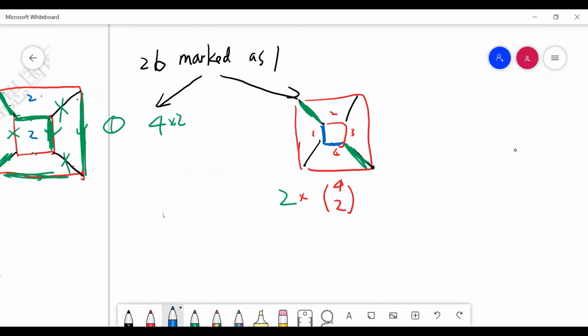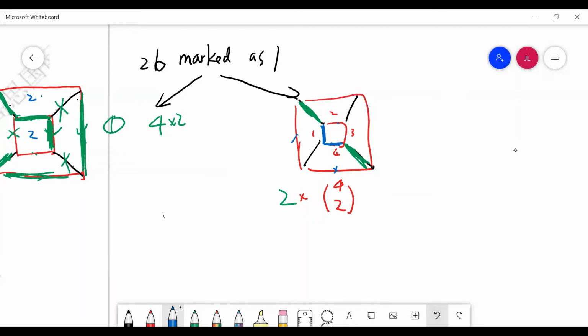If I pick these two, then I cannot pick here. I cannot pick here. So we have here. So we cannot pick here. We cannot pick here. So that means the bottom one we can only pick these two. So now you can see there's exactly one solution.